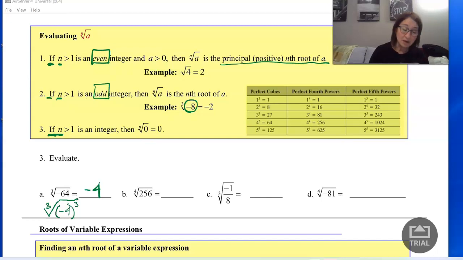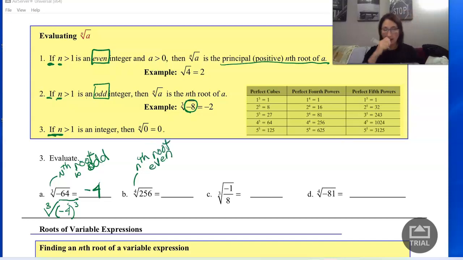That makes sense because our nth root is odd, and so it makes sense that we could have a negative root. Okay, for B, our nth root is even, and so I want to find what number I can raise to the fourth power that's going to equal 256. And that is going to be 4.